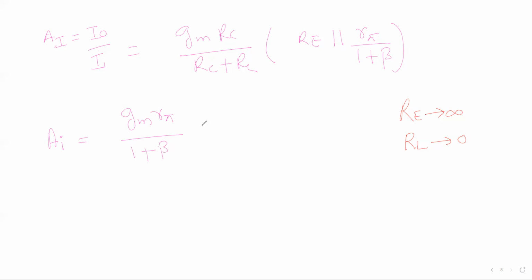And what is gm R pi? It's equal to beta only. That would be beta upon 1 plus beta, and this value is alpha only. This is your current gain equation.